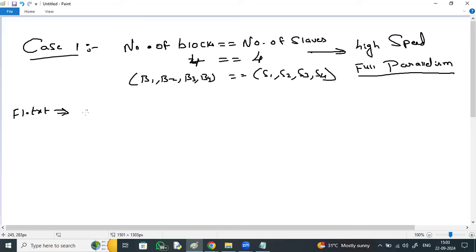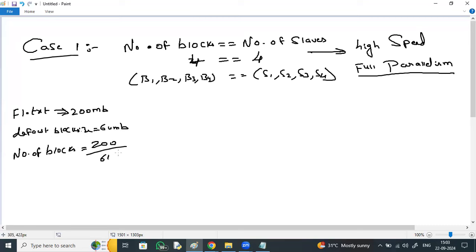F1.txt. Assume the size is 200 MB. Default block size is 64 MB. How many blocks? 200 by 64.